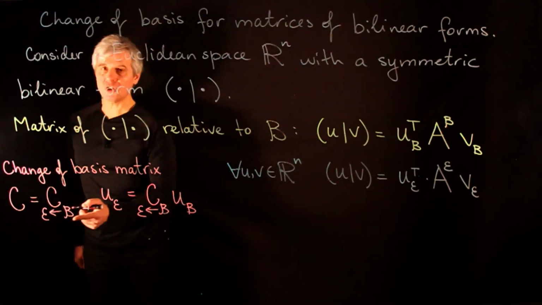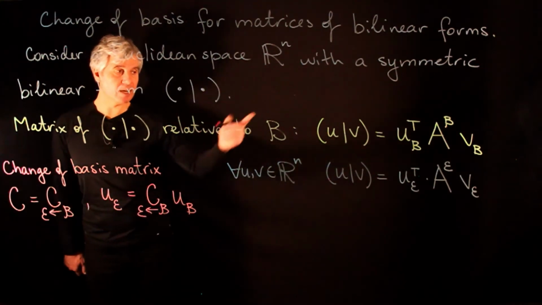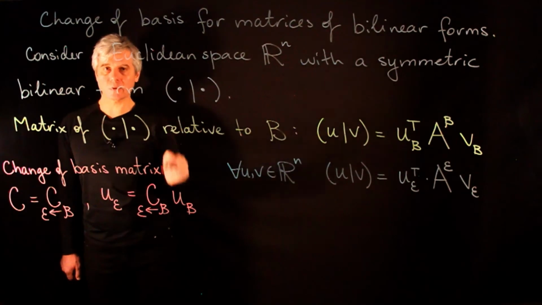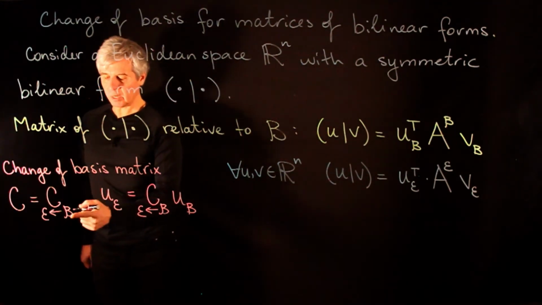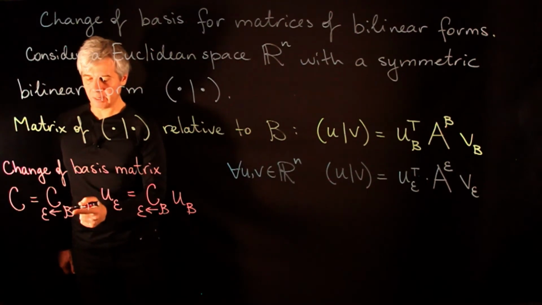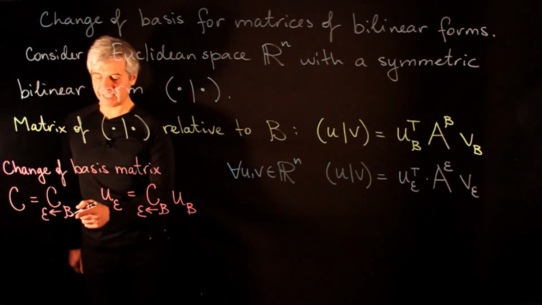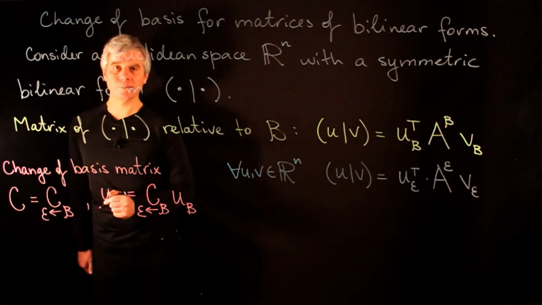We calculate the change of basis matrix in the following way. We have a standard basis in Rn, so these are given by vectors e1, which is 1, 0, 0, 0, e2, 0, 1, 0, 0, and so on. And then we have some basis B. So this matrix is formed by placing the standard coordinates of vectors from B as columns.